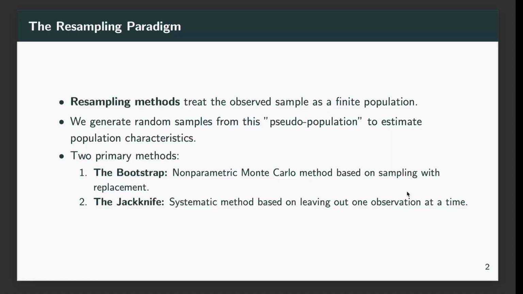Both of these methods will be covered today. Just one thing before we move on: these methods are powerful, but they have some assumptions and limitations of their own, so it is very important for you to look at these assumptions and limitations.